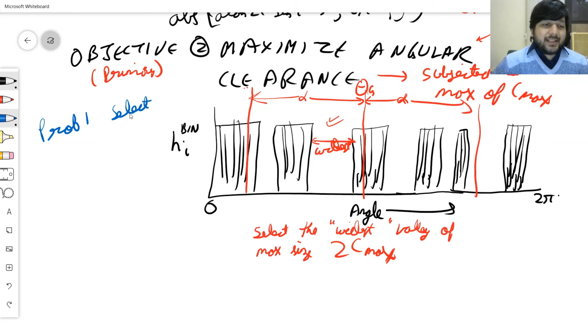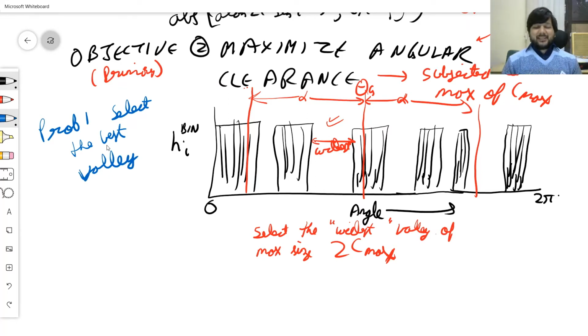I need to select a candidate. Why candidate? Select the best valley. So given a binarized histogram, my first problem is to select a valley, and that's what I've solved. So again, there were two objective criteria, and because there were two, I first apply a limit to both of them. I applied a limit of alpha to angular deviation. I applied a limit of 2 Cmax to the widest valleys to be considered.